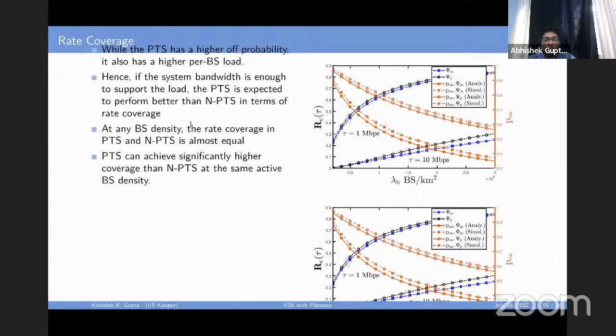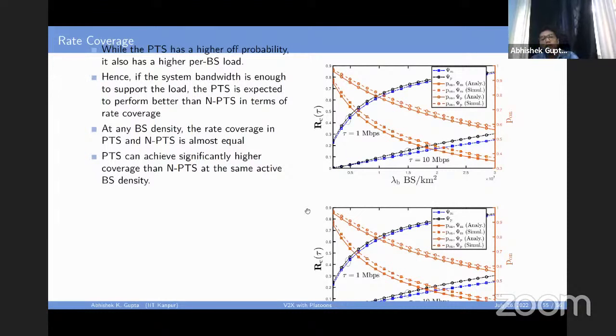Okay, and we saw that the rate coverage, if I compare that together for one base station density, comes out to be close, right? Actually, I do not have a result here. I'll just show you a little bit later after this talk.